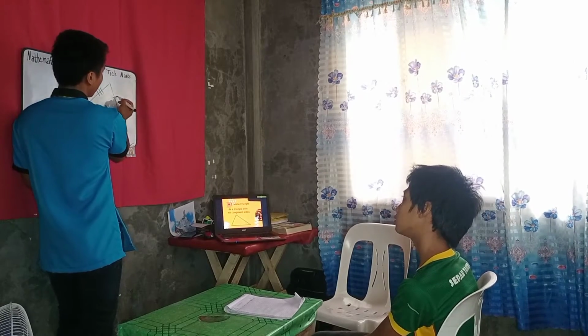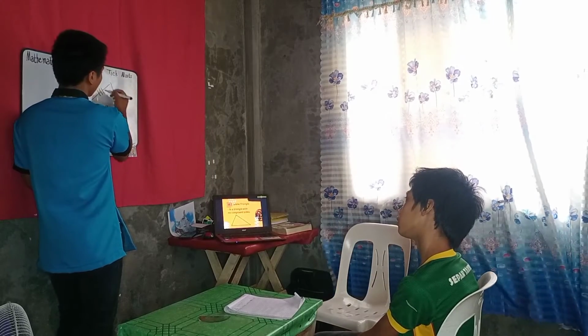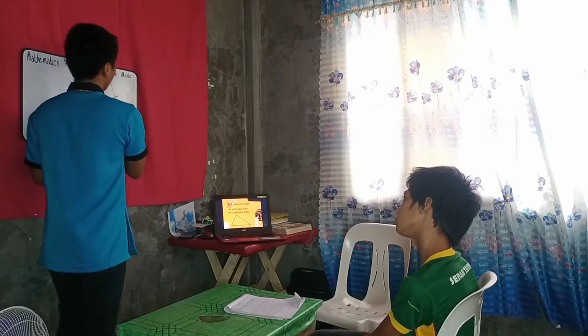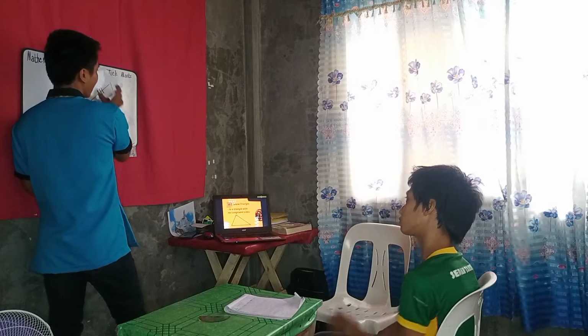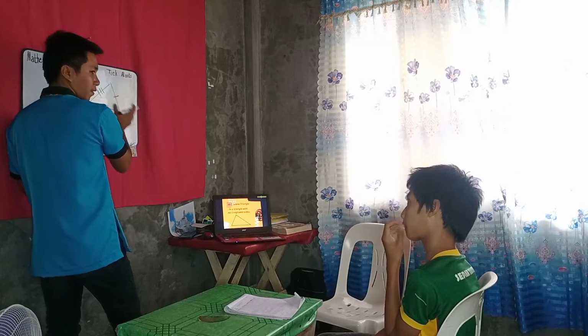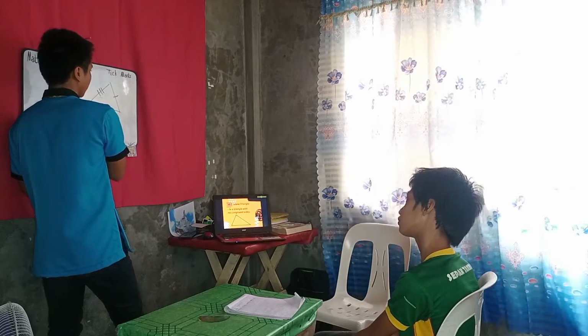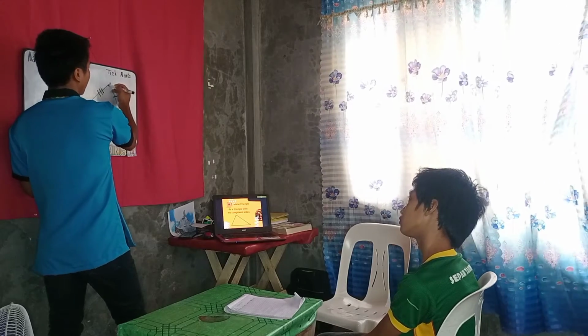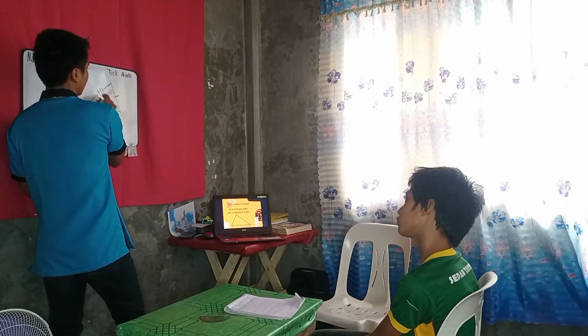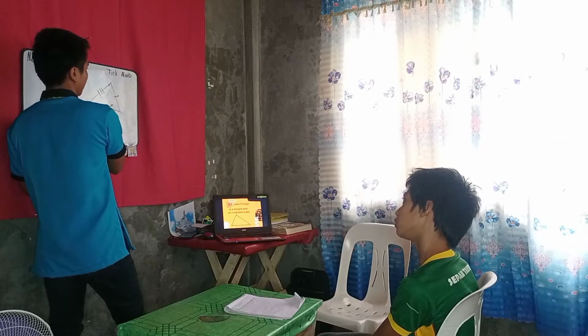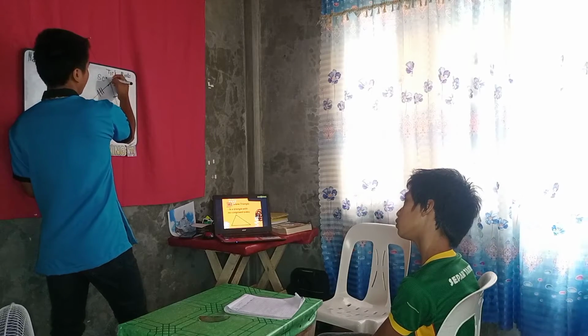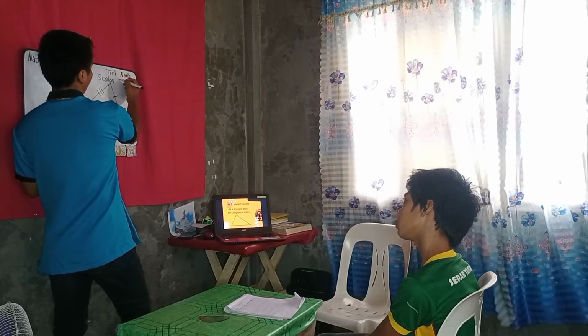So, we use tick marks, itong mga to, mga symbols, to represent that our triangle has no congruent sides. Ibig sabihin, hindi pare-pareho yung kanilang sukat sa kanilang sides. So, siya si scalene triangle.